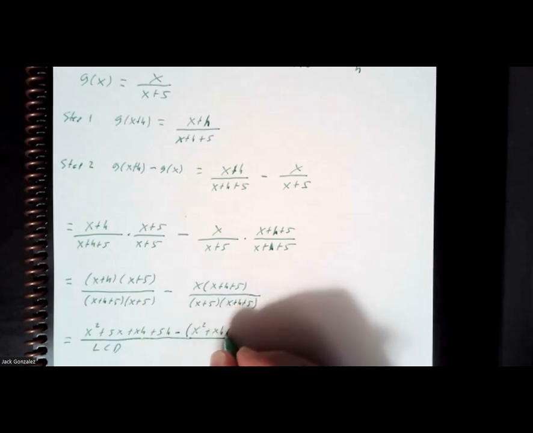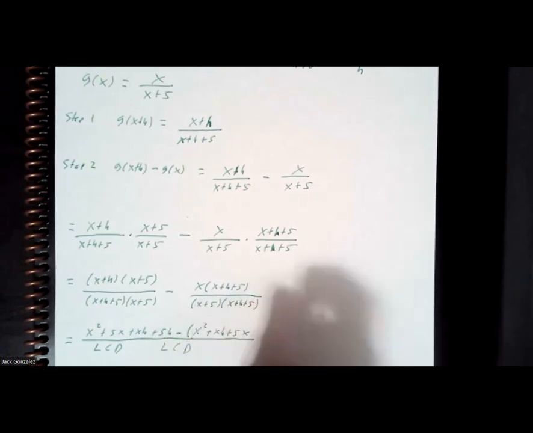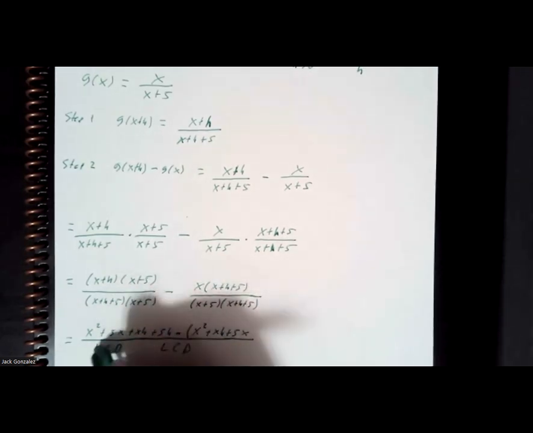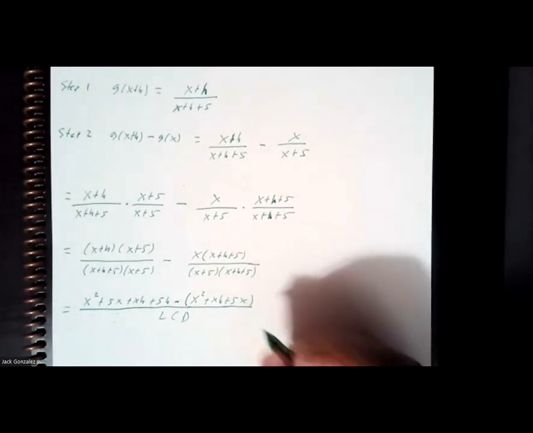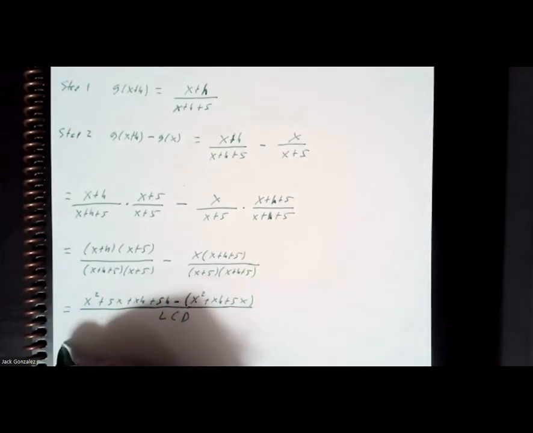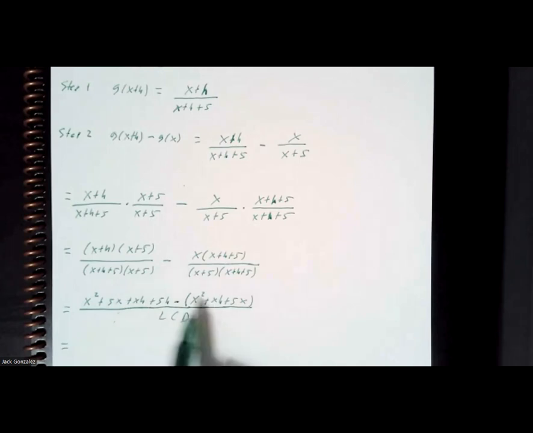So that'll be x squared plus xh plus 5x. I'm gonna go ahead and move it over here because that looks weird. So then subtract these two. So the sign will swap on all these.